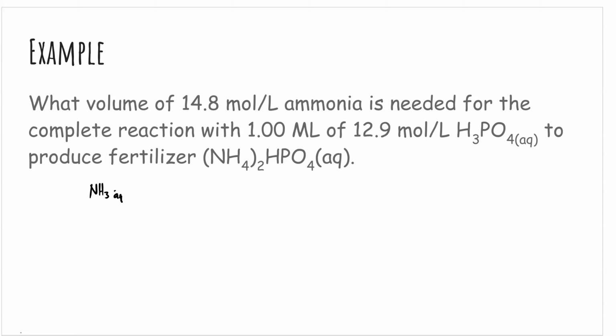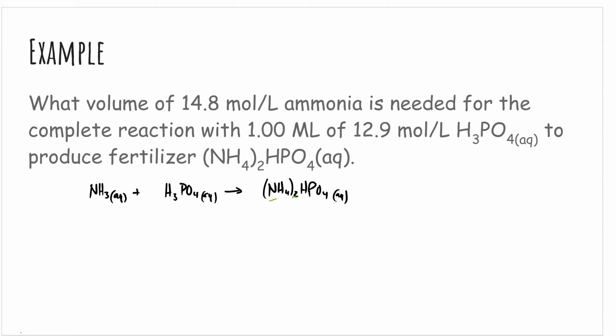NH3 aqueous plus H3PO4 aqueous reacts to produce (NH4)2HPO4 aqueous. We need to balance this chemical equation, and we can see that we have two nitrogens on the right hand side here.